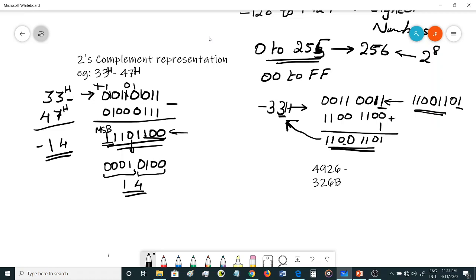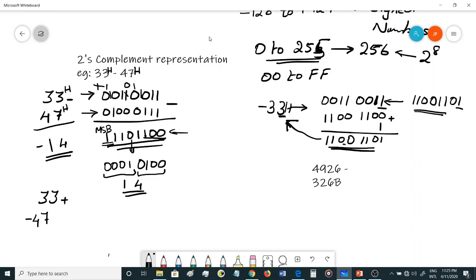Or we can do one thing, we can add these two numbers, 33 plus minus 47. Now what is minus 47? For getting minus 47, you have to take the 2's complement of this number.